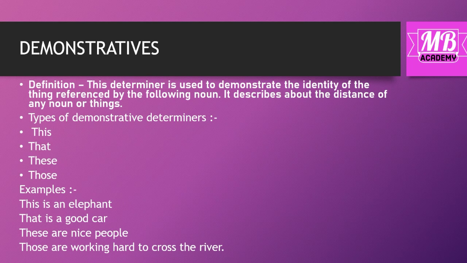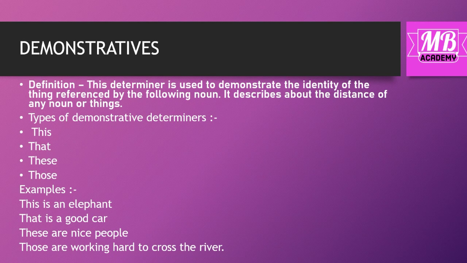Demonstratives. Definition: this determiner is used to demonstrate the identity of the thing referenced by the following noun. It describes the distance of any noun or thing. Types of demonstrative determiners: this, that, these, those.